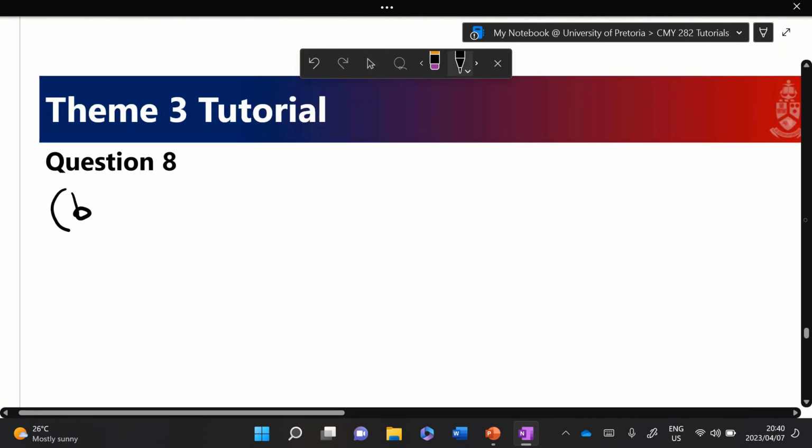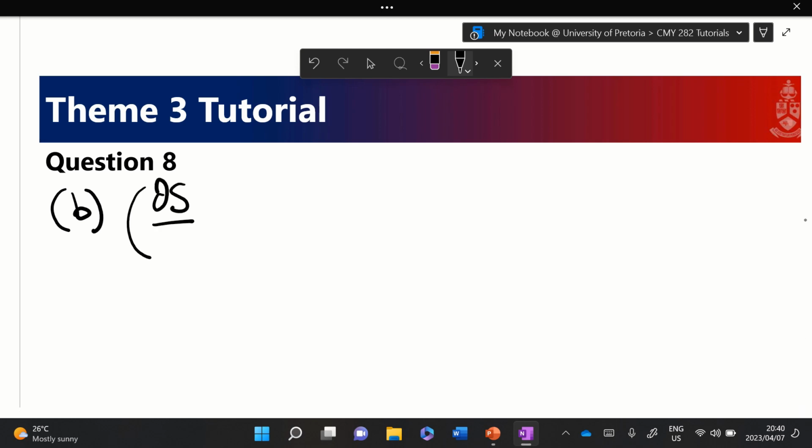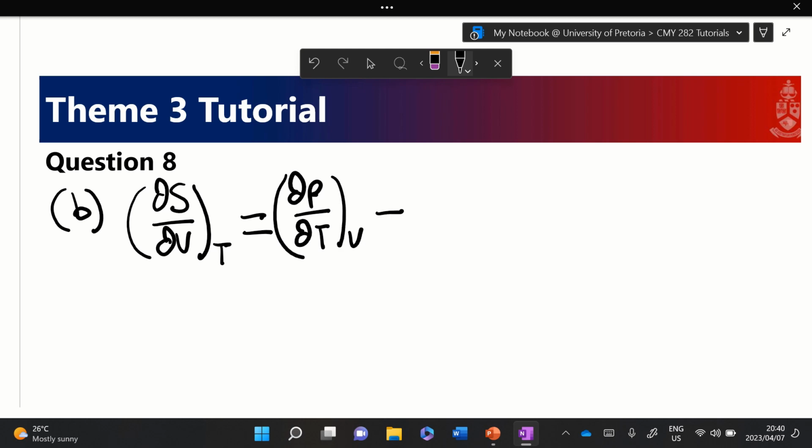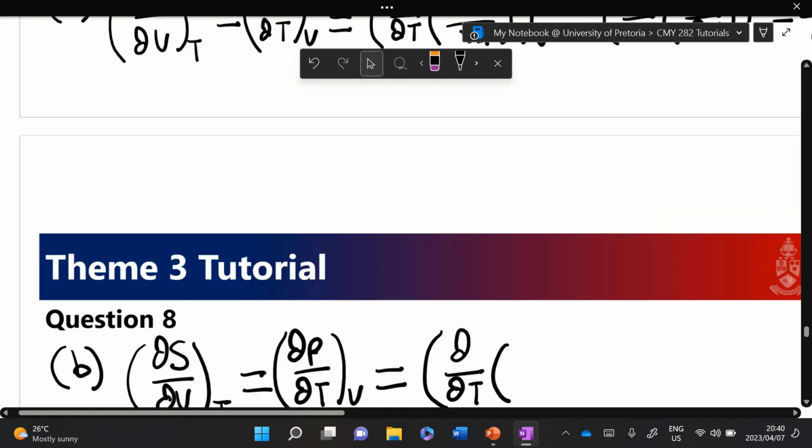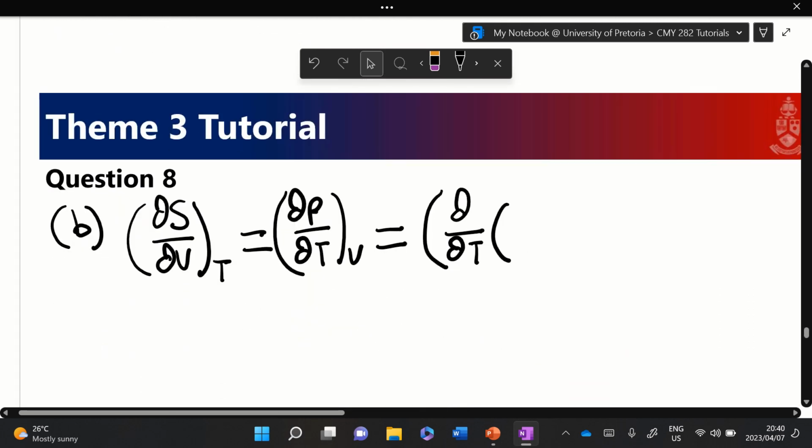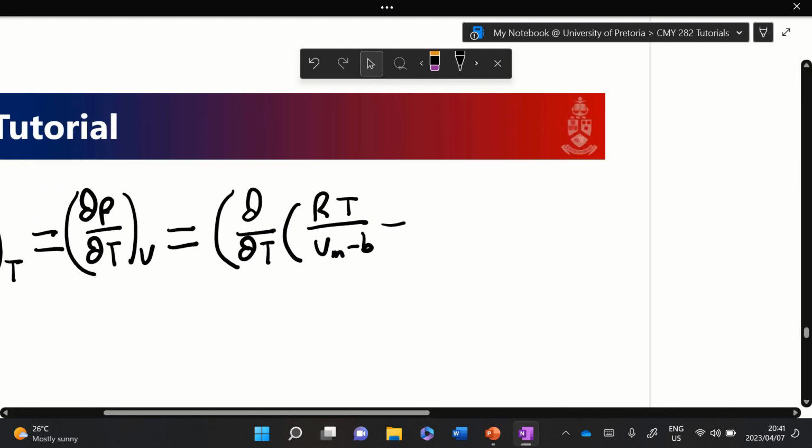And then for B, for the van der Waals gas, we again have (∂S/∂V) isothermally equal to (∂P/∂T) at constant volume, which is equal to d/dT of RT over Vm minus B, minus A over Vm squared.